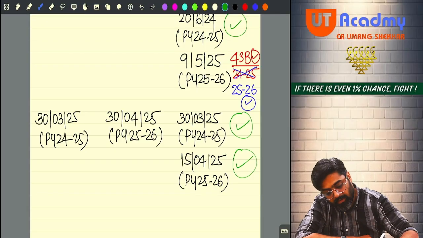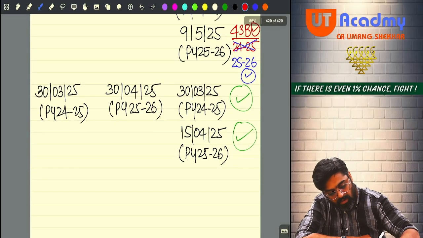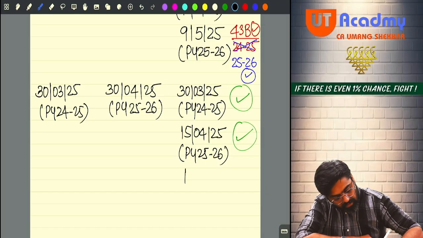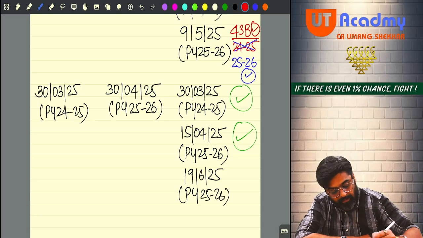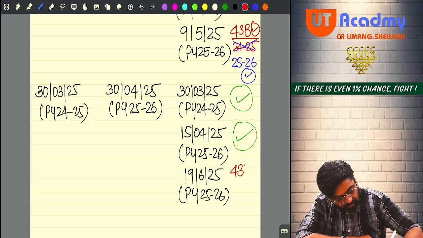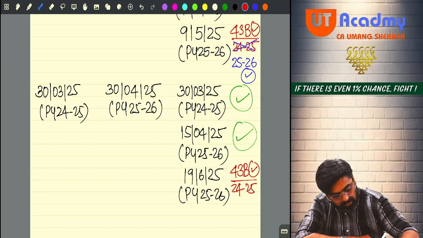Now, what if you are making the payment on 19th of June 2025, meaning now you are making the payment in 25-26? Tell me, what will happen? Will there be 43B attracted? Yes. Now the payment cannot be claimed as deduction in 24-25. On what basis? Mercantile basis?